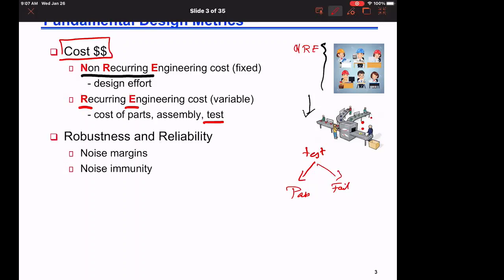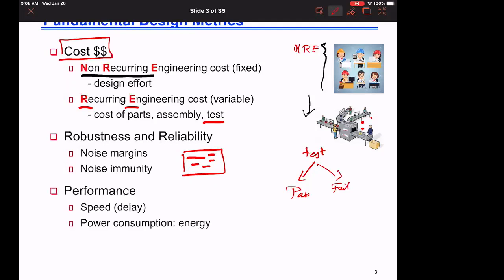Plus, we care not only about noise from external devices, we care about intrinsic noise within my device. The device itself is comprised of many little components operating. When these components operate together, they should be sustainable and reliable enough that one should not inflict a problem or error on another component within that chip. So reliability and robustness to noise is a very important metric.